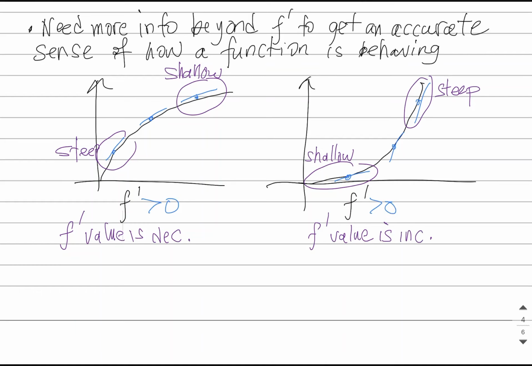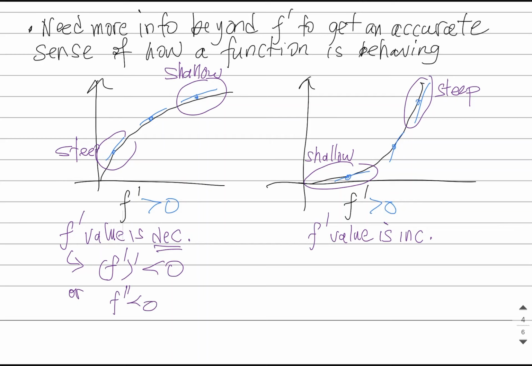Now, if we connect what we did before, remember that when a function, any function, even if it's F prime, is decreasing, that means the derivative of that function has to be negative, or F double prime is negative.